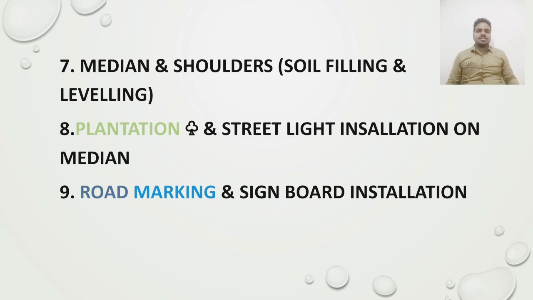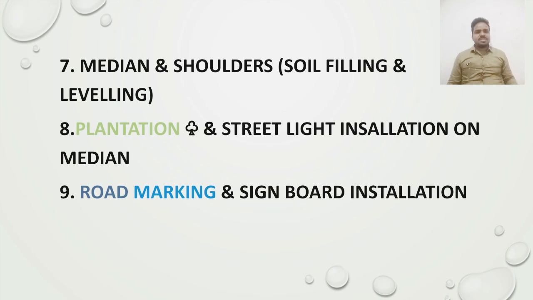Last point is road marking and signboard installation. Road marking along with signboard installation are the main procedures of road construction. They control hazards, maintain discipline in drivers and ensure a smooth, comfortable and safe journey.